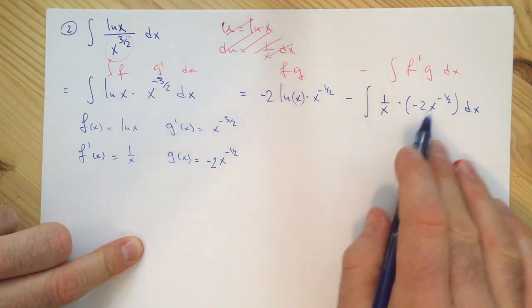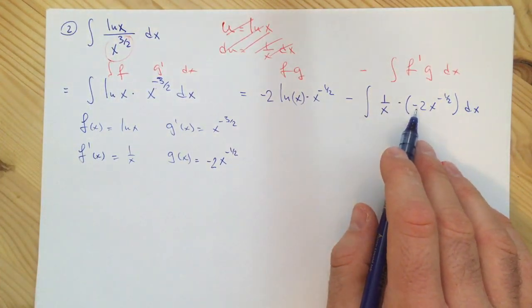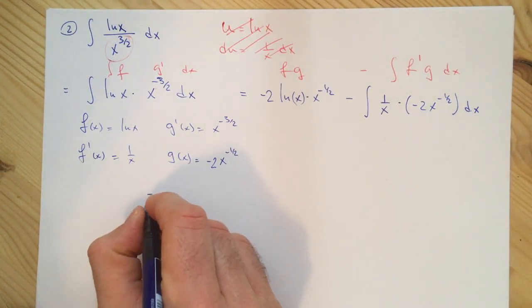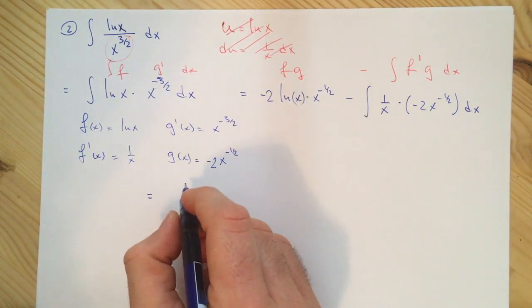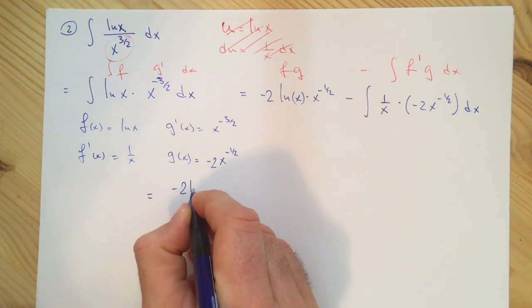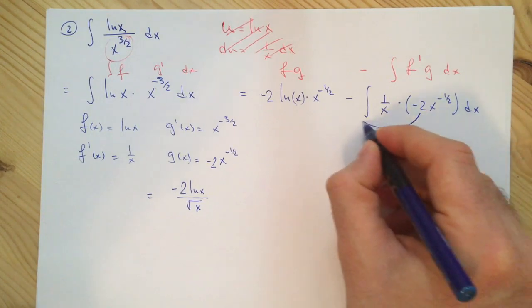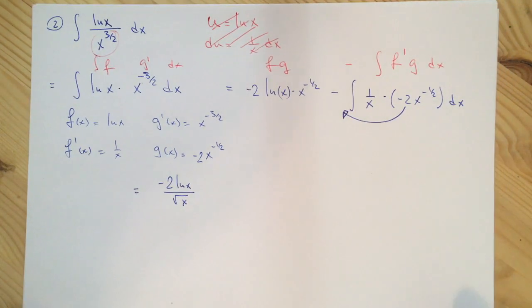And now this integral, when you write it in a nicer form, you'll see that it's very easy to evaluate. So here I have negative 2 ln of x over square root of x. I'm pulling out this negative 2 outside of the integral.